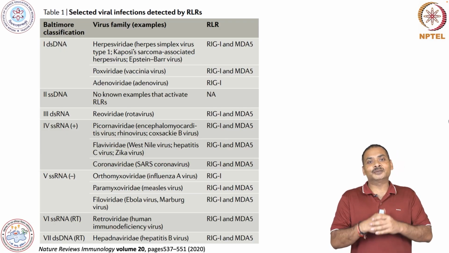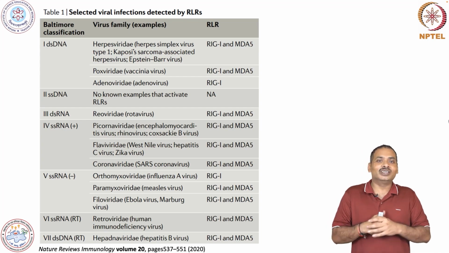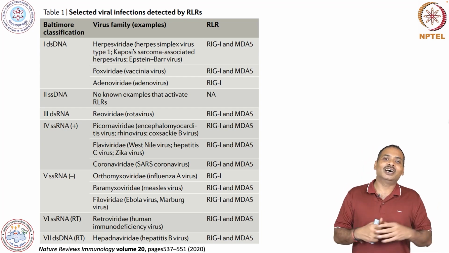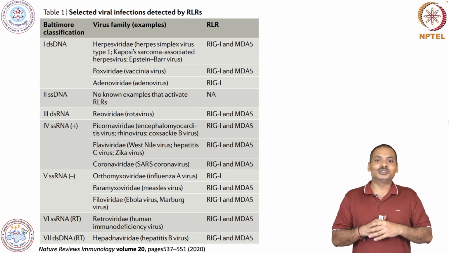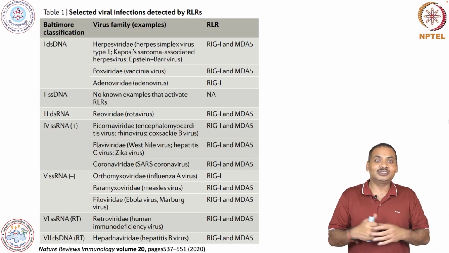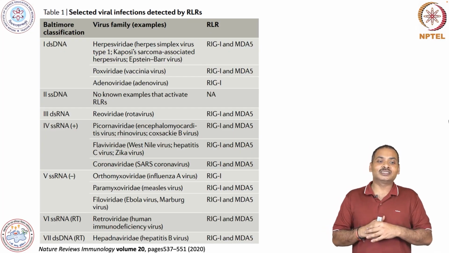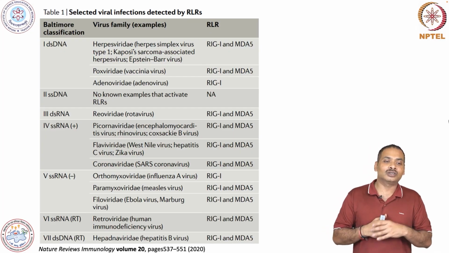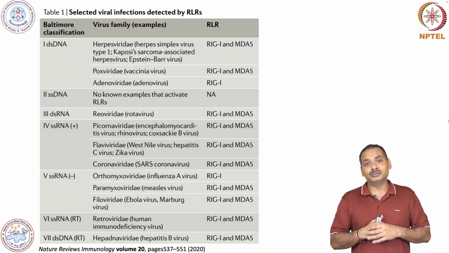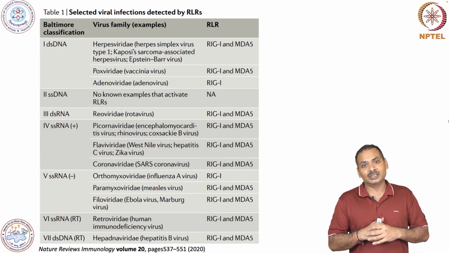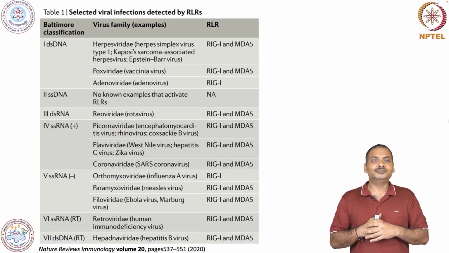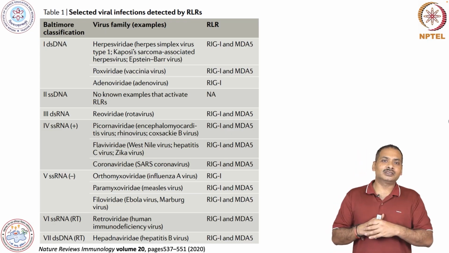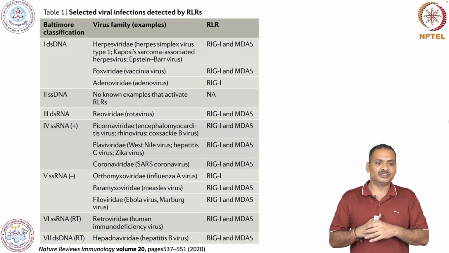And the most important virus, probably all of you are extremely well aware of this virus, that is coronavirus. This coronavirus belongs to the Coronaviridae family. Coronavirus is basically SARS-CoV-2 or SARS-CoV-1, okay. So this virus is sensed by both RIG-I and MDA5.